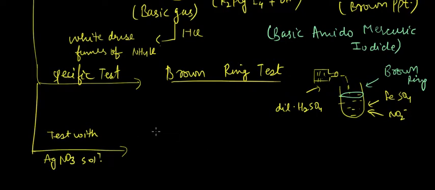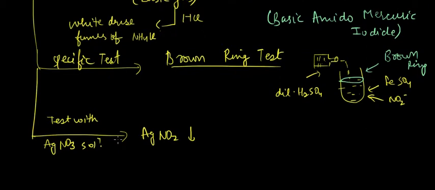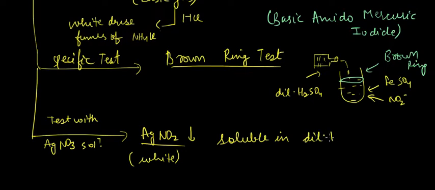So we get a ppt of AgNO2, which is a white ppt, which is soluble in dilute HNO3 and other complexing agents.